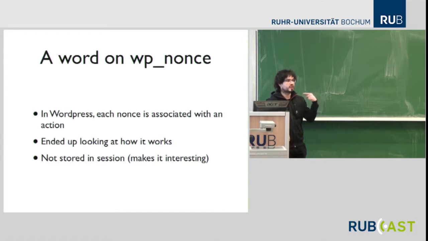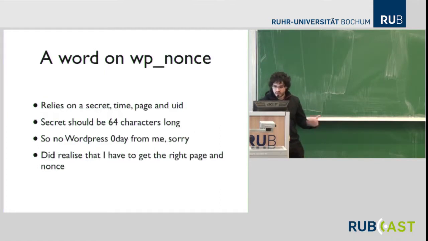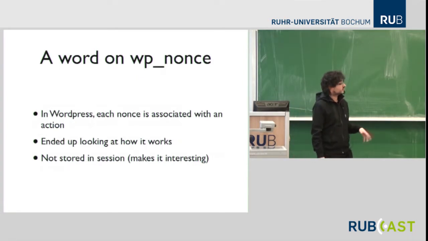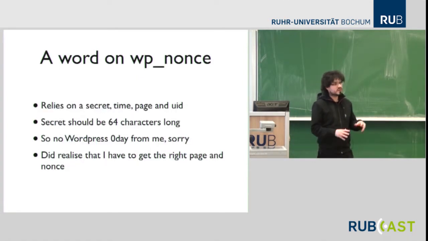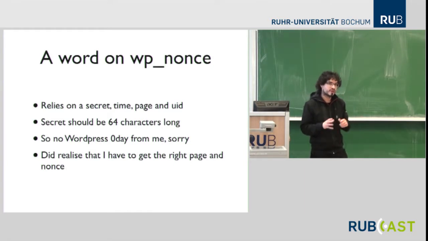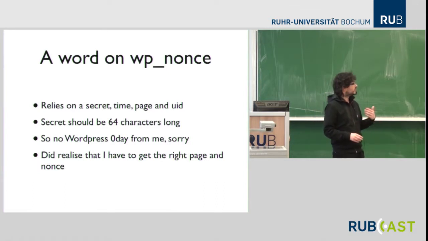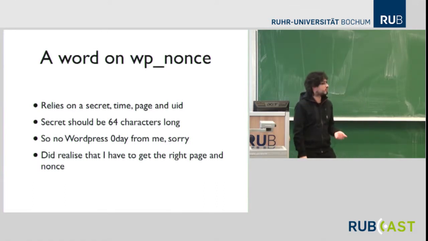But they check it every time not against the session, but against some logic, which sounded quite interesting to me. After looking at the code, you realize it's relying on time, the page or action, actually. So every action would have a different CSRF token, and every time would create a different CSRF token as well.